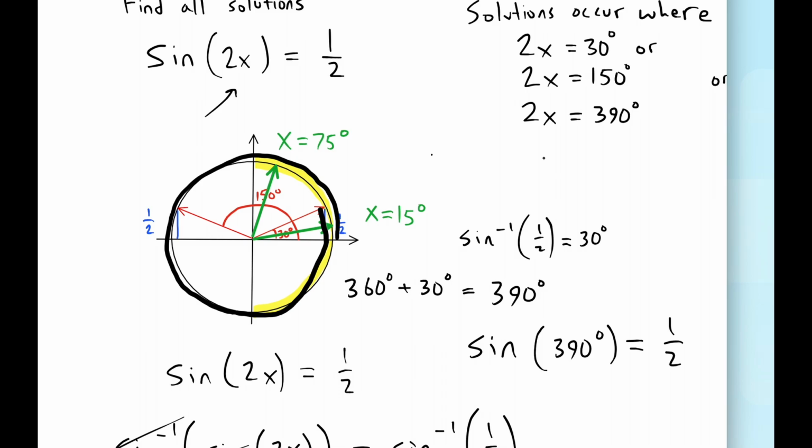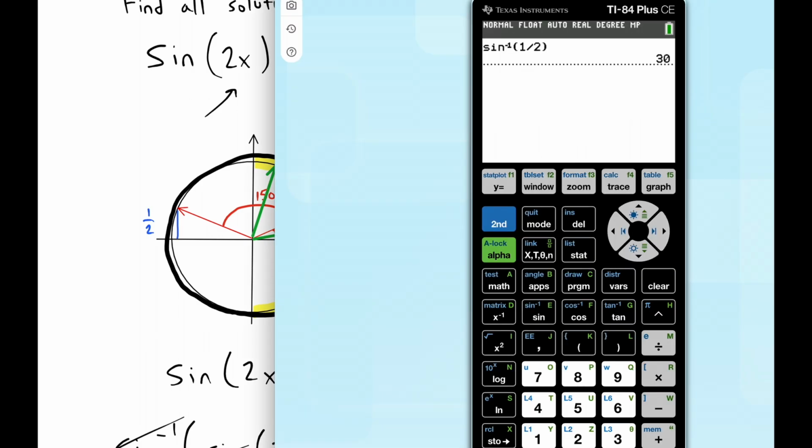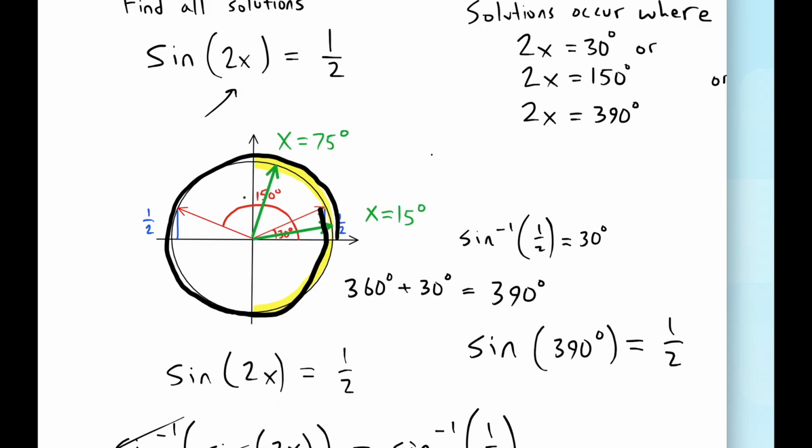We can try it. Try the sine of 390 on the calculator. It's 1/2. And there's another possibility too.